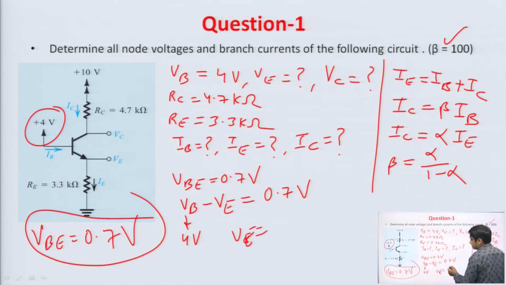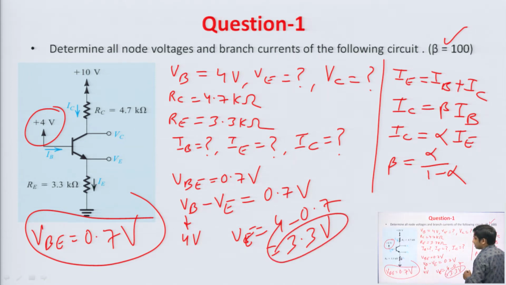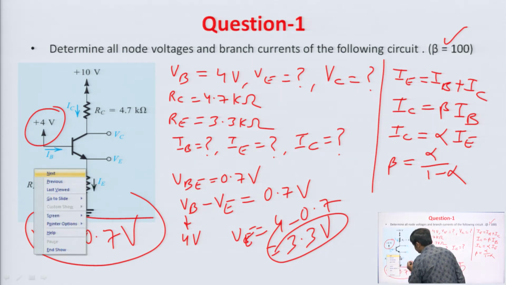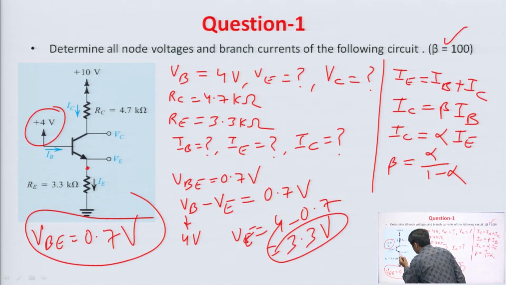Emitter voltage will be 4 minus 0.7, that is 3.3 volt. So, the emitter voltage which we have got is 3.3 volt. Now, you can see that once we have got the emitter voltage, that is the voltage at this terminal.